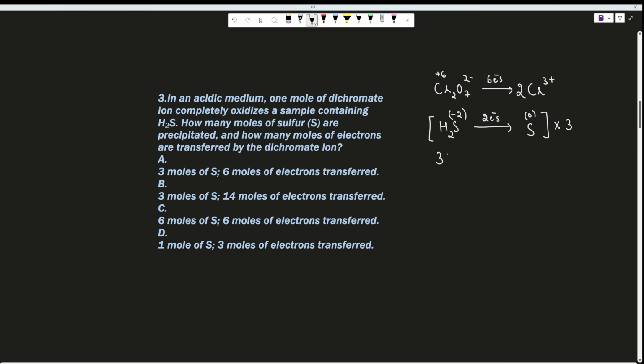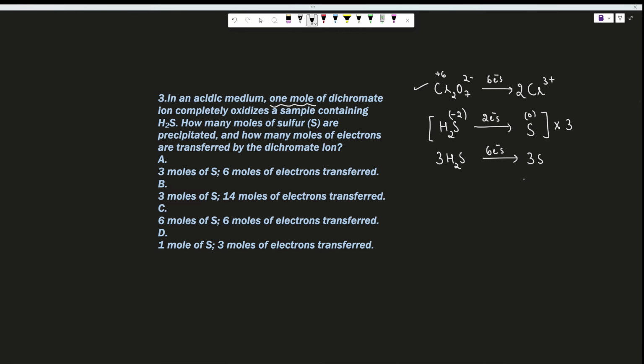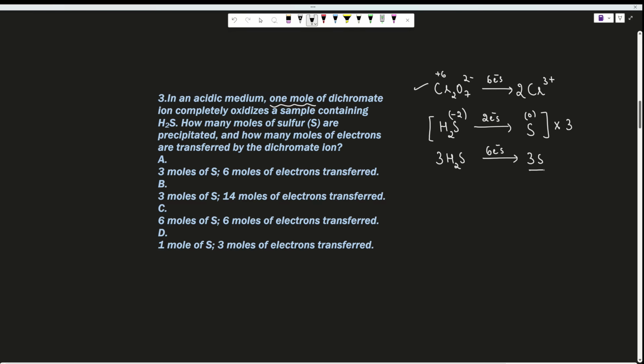So after multiplying by 3 you get 3H2S. Here you get 6 electrons now and 3 sulfur. Now, what is asked here? 1 mole of dichromate you are taking. Here it is 1 mole itself in the equation. When you take 1 mole, how many moles of sulfur did you get? 3 moles, right? So it is 3 moles of sulfur.